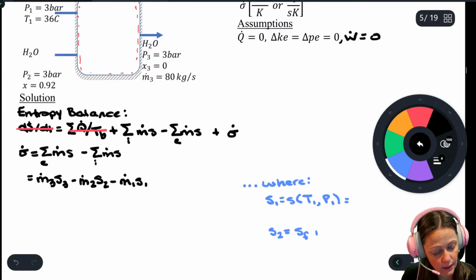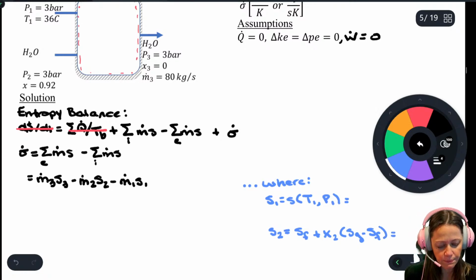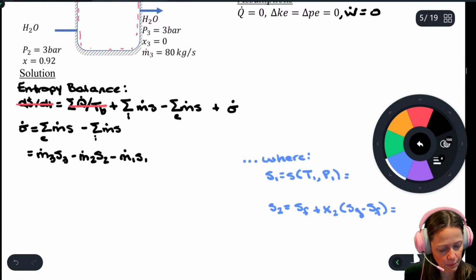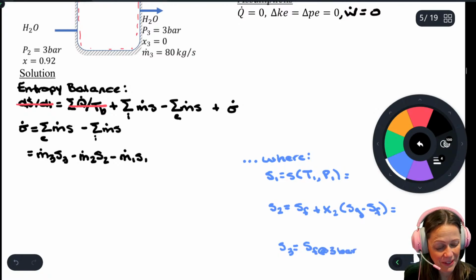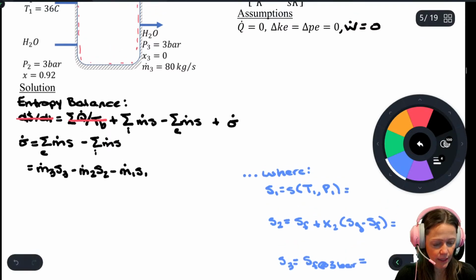So if I use S sub F and S sub FG, I'm not really sure if there's an S sub FG value, so I'll just put S sub F and S sub G. I look that up in table A2, and I should be able to get those two things. And then of course S3 should be S sub F at 3 bar because it's a saturated liquid, right? All right, so let's go ahead and get those values.